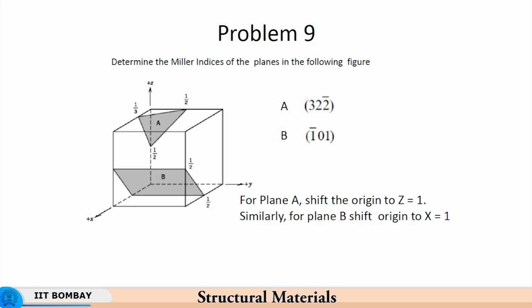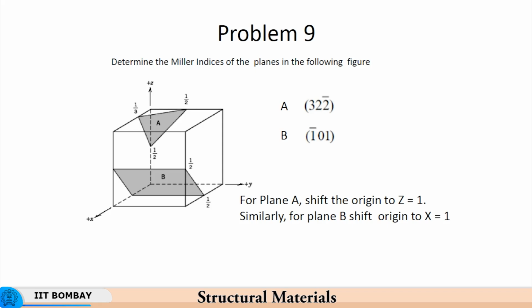Now for plane B, we shift the origin to here, because here x is given as minus half actually. So here it is 0, z is plus half and y is infinity, because it is parallel to y. So the intercepts are minus half, infinity and half. Minus half, infinity makes it 0, and this is plus half.